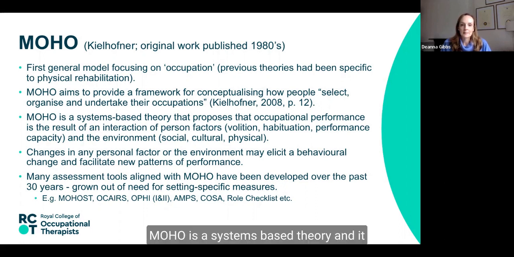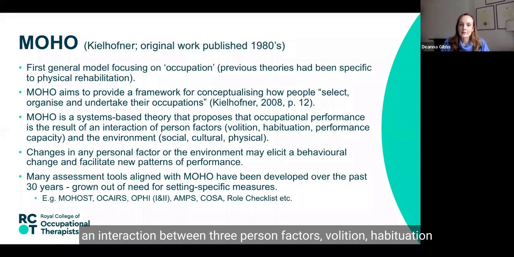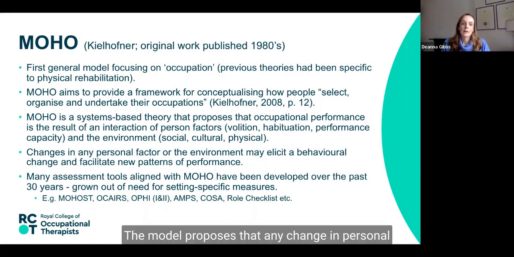MOHO is a systems-based theory, and it proposes that occupational performance is a result of an interaction between three person factors: volition, habituation, and performance capacity, and the overall environment. And he defines that as social, cultural, and physical. The model proposes that any change in personal factor or the environment may elicit a behavioural change and facilitate new patterns of performance.